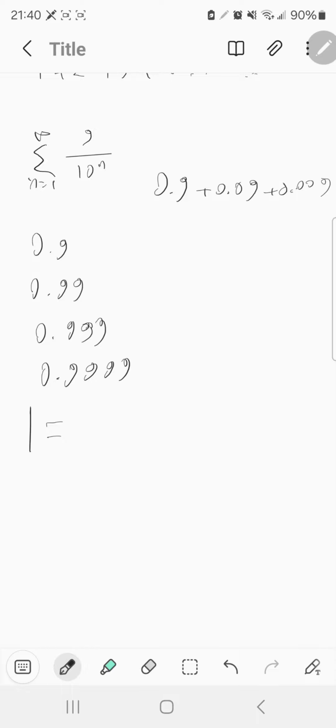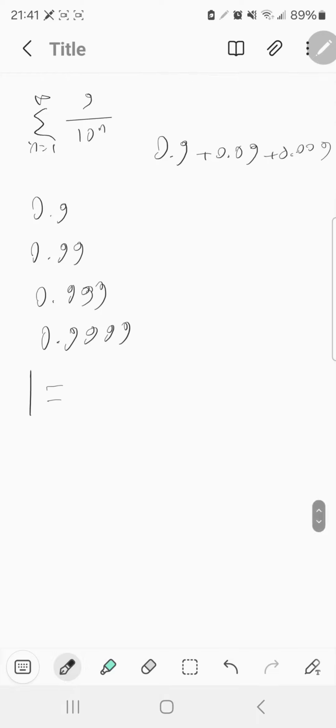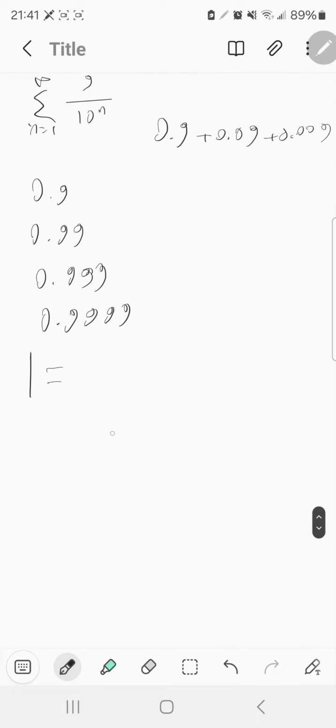Or if previous terms cancel out some terms that are being added on. For example, you're going to have a 1/4, and then you're going to have a plus 1/5, and then you're going to have a negative 1/4, and then you're going to have a negative 1/5.